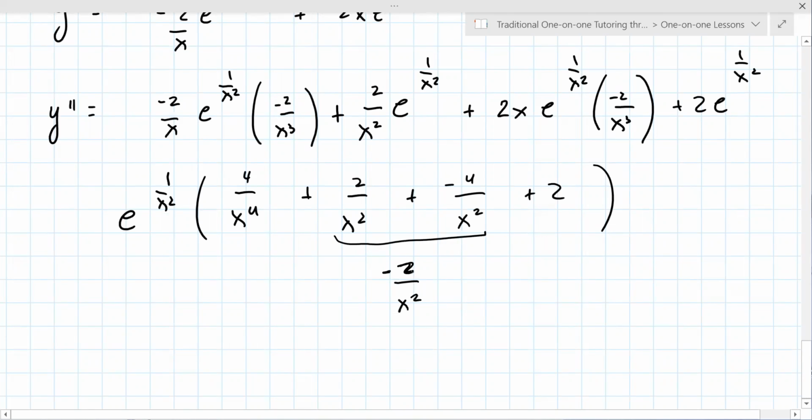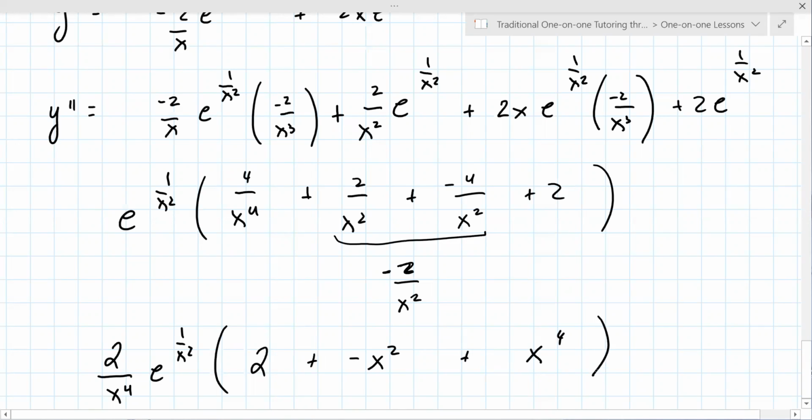And this is going to be a little bit weird, but you can actually factor out a 2 out of all of them and 1 over x to the 4th from each of these. So it ends up being 2 plus negative x squared plus x to the 4th.